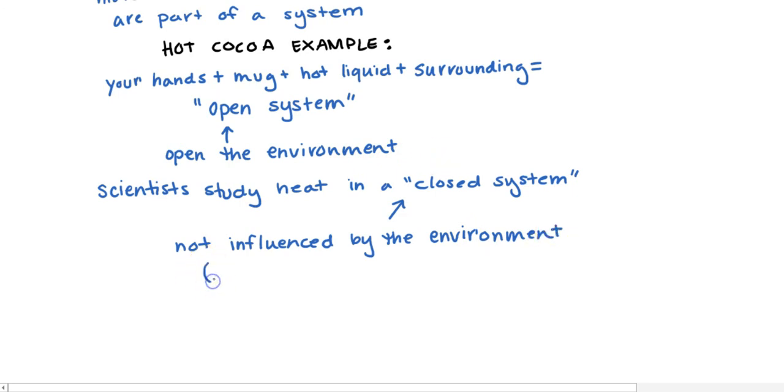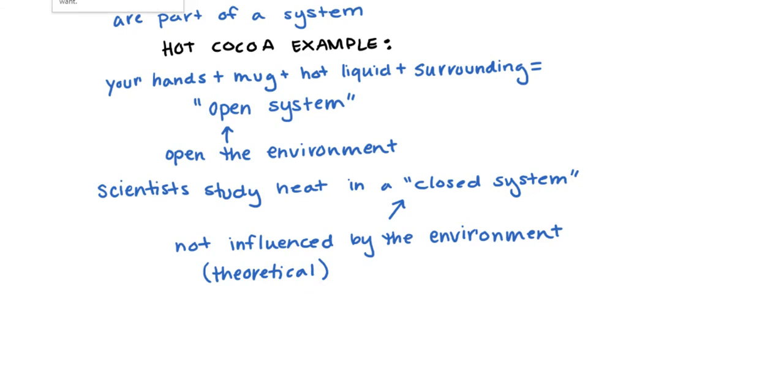So we say that when scientists study heat in a closed system, this is theoretical. You might remember that concept from math class, but anything in a closed system, since it is not exactly like what we would experience in our daily life, is considered theoretical.